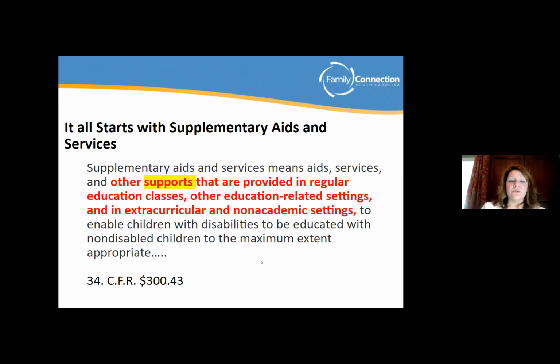And those refer to those supports that are provided in the regular education or general education classes or other education related settings, and also in those extracurricular and non-academic settings. And these supplementary aids and services enable students with disabilities to be educated with students without disabilities to the maximum extent appropriate.